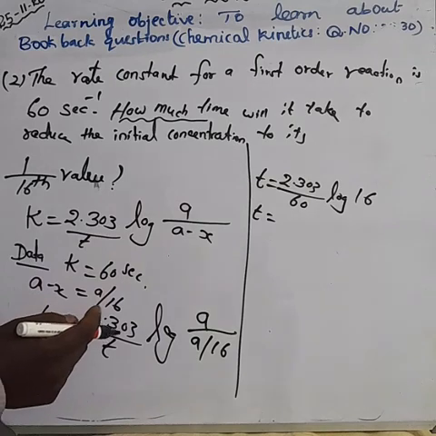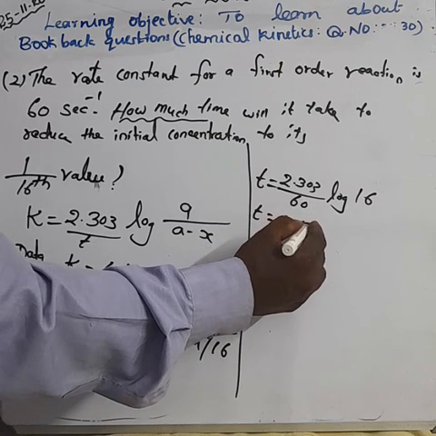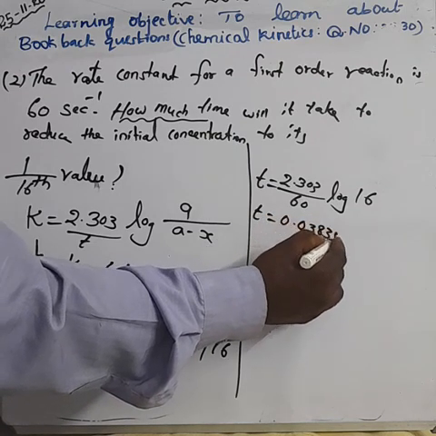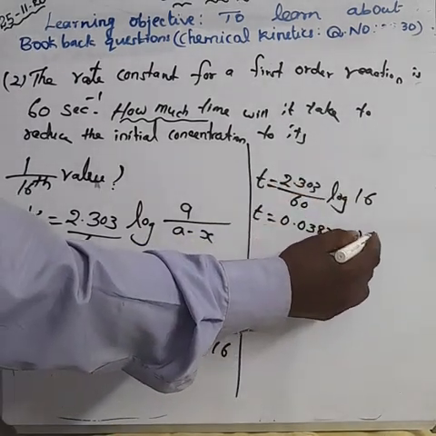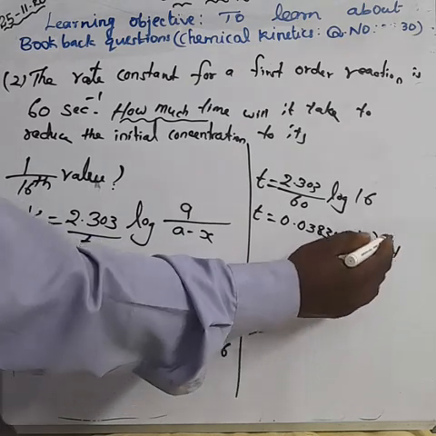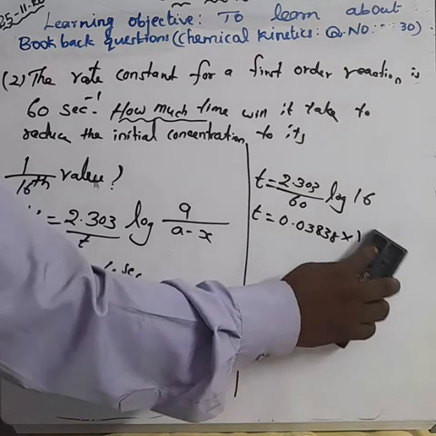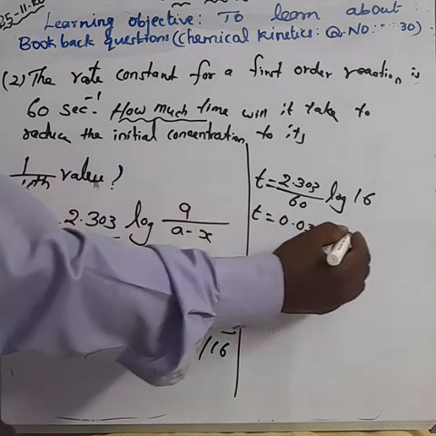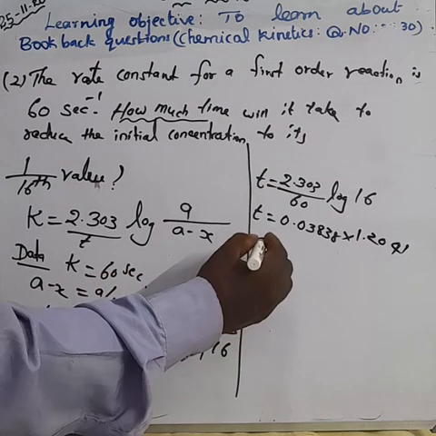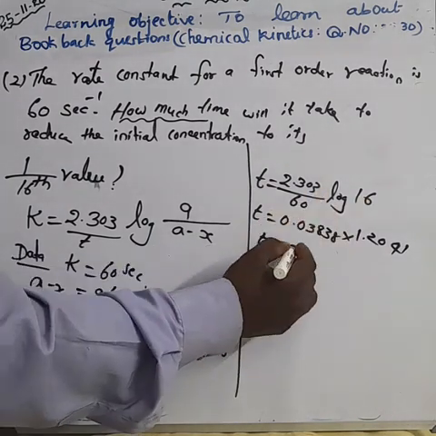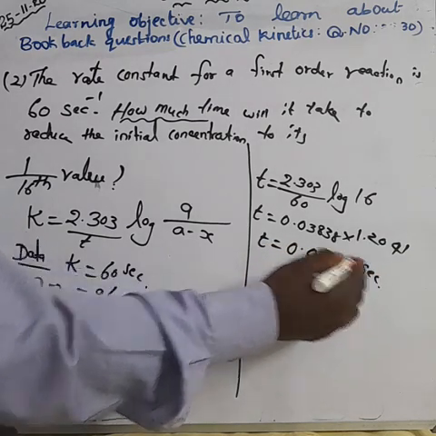When we divide 2.303 by 60 we get 0.03838, into log 16, which is 1.2041. When you multiply the two, we get 0.0462 second.